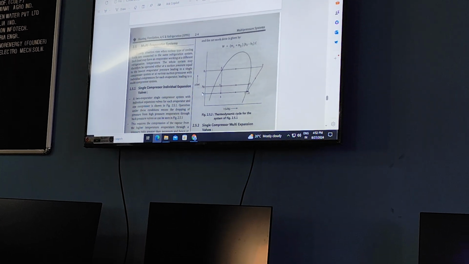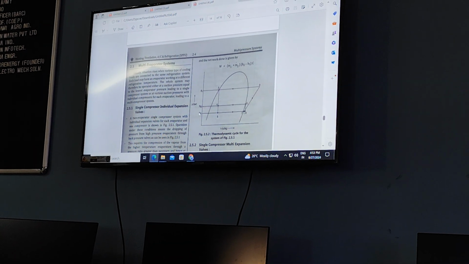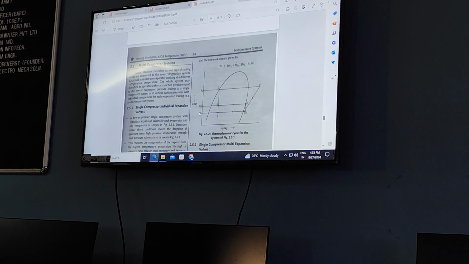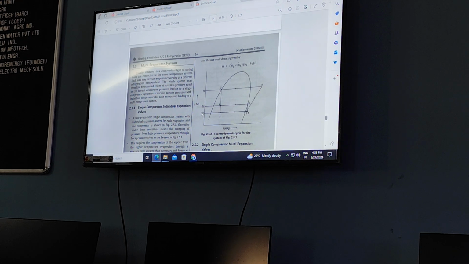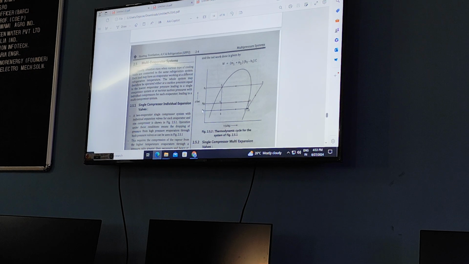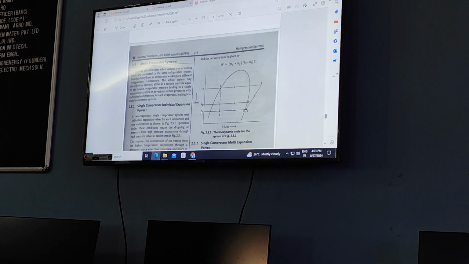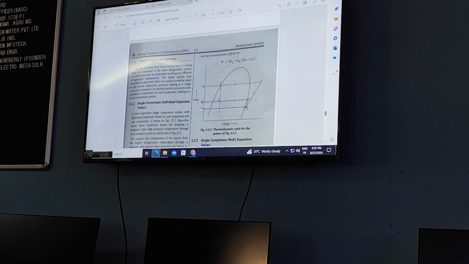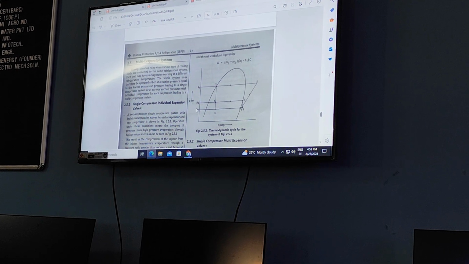To achieve different temperatures at different locations. For dairy products a different temperature, for normal grocery a different temperature. That is achieved by using a multi-evaporator system. And this multi-pressure system is suitable for big units; big units can be handled by using a multi-pressure system.